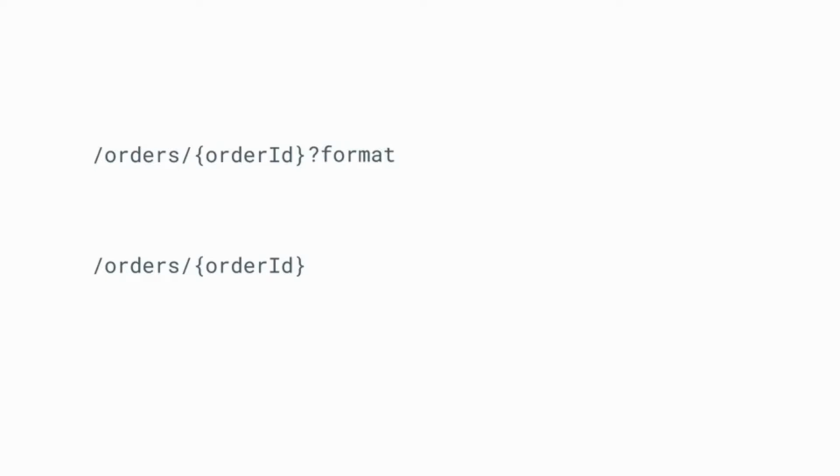So, if you want the output in a JSON format, you can add $format $JSON to the API endpoint. And for XML, you can use $format $XML at the end.